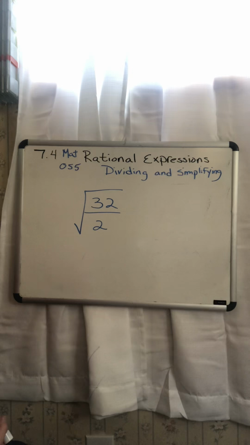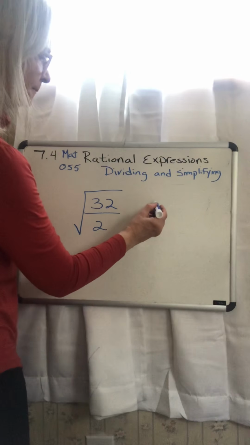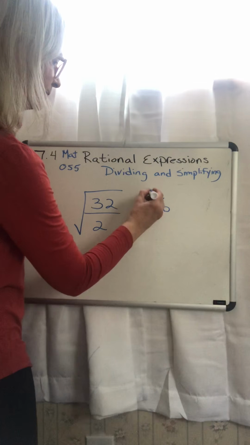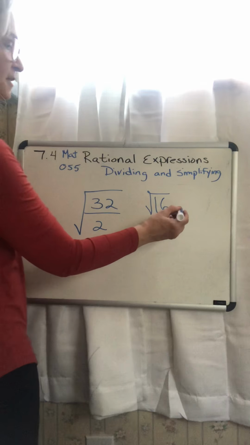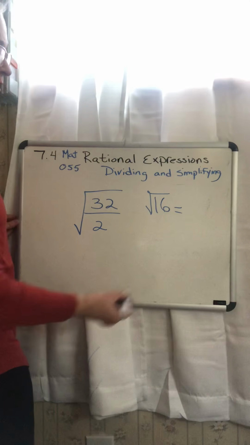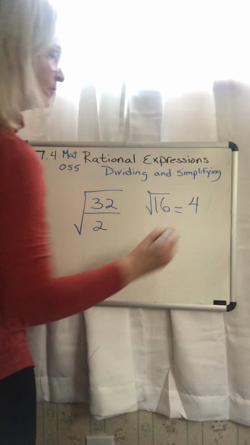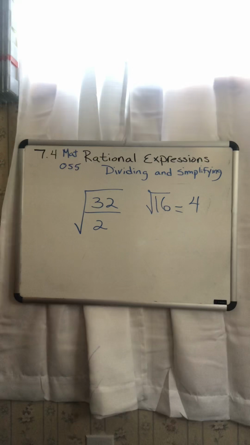Okay, so 32 and 2 are not perfect squares, but I can divide. So 32 divided by 2 would give me 16. 16 is a perfect square because 4 times 4 is 16. So my answer would just be 4.